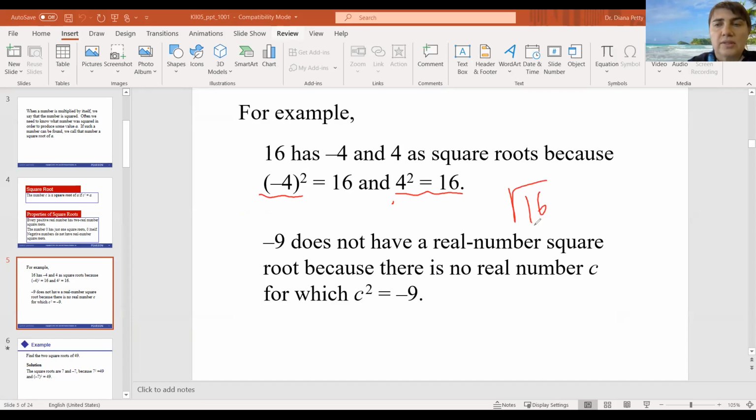So you always need to consider that the square root could be positive or negative 4. Is that how we would answer it? Well, this is in general.